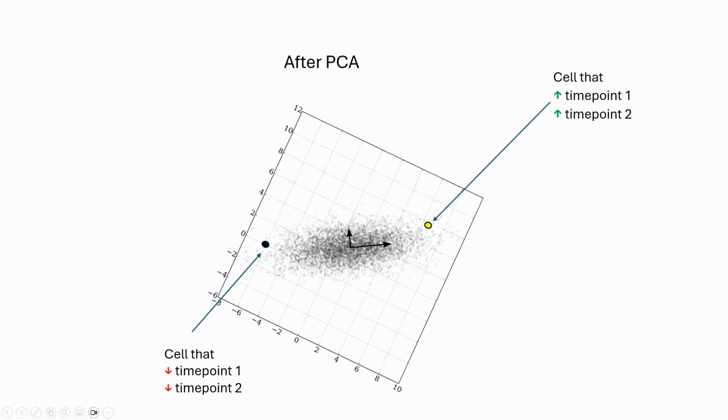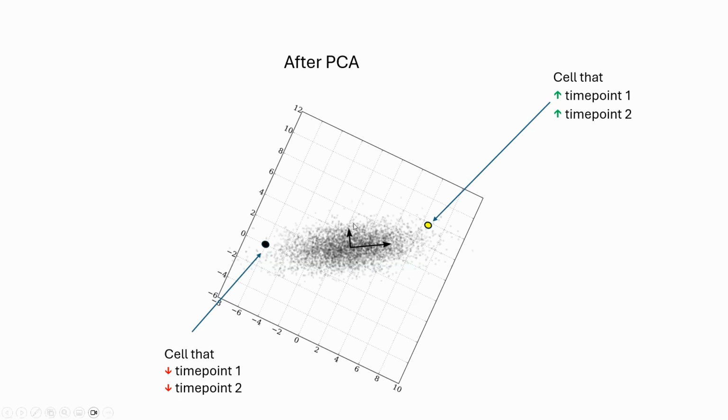But in this one, because most of the cells are along this axis, you could just say the cell is out here. And by using a single axis, you know that less of the contribution is from this axis and it's more along this one. It's kind of nebulous, but hopefully that makes a little bit more sense.